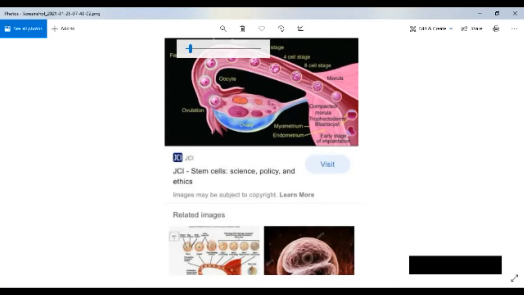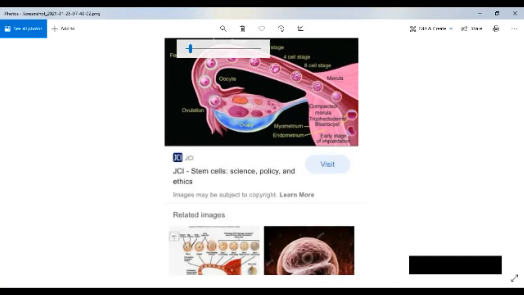Zygote is the single cell which has the capacity to divide and multiply by itself, as we studied in our previous chapter. Ovum is the female gamete and sperm is the male gamete, and they fuse together to form the zygote.